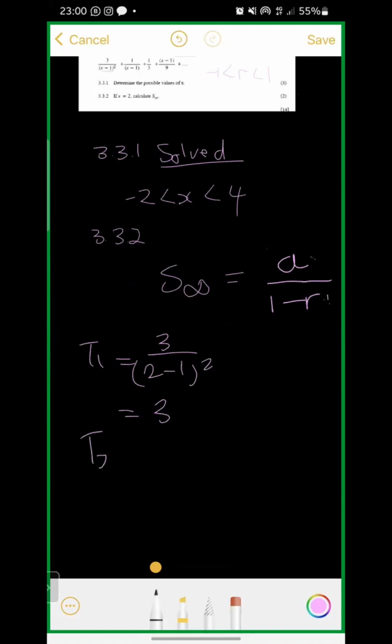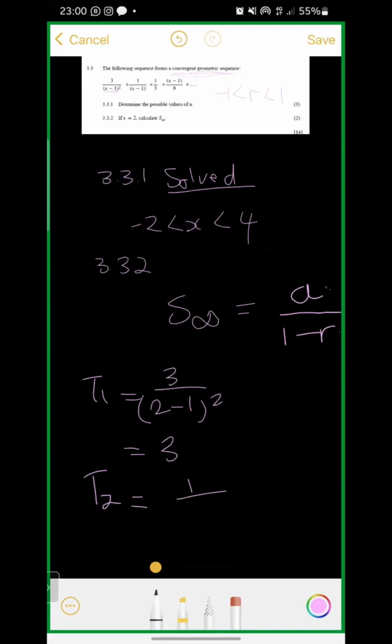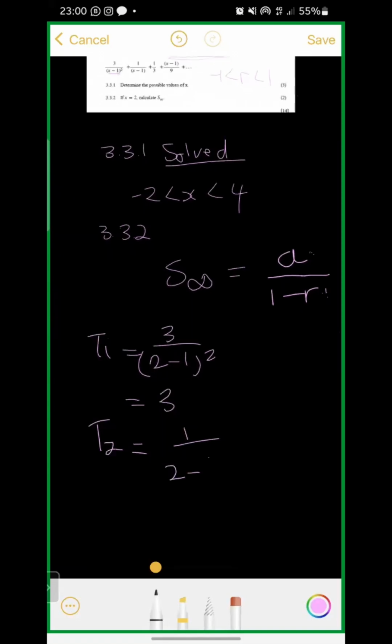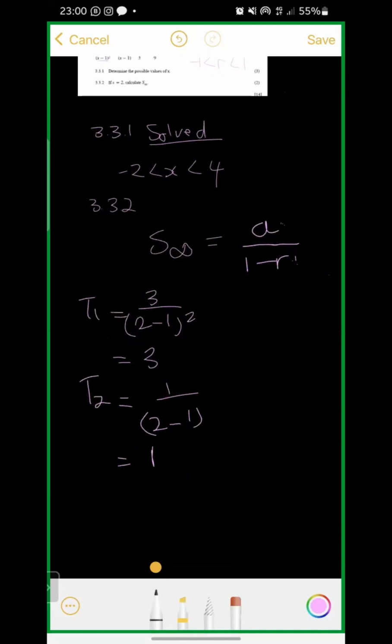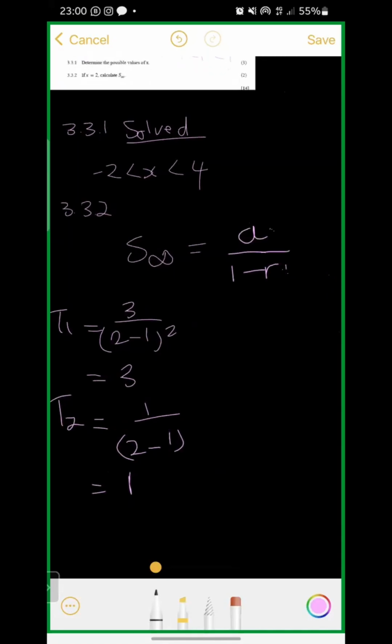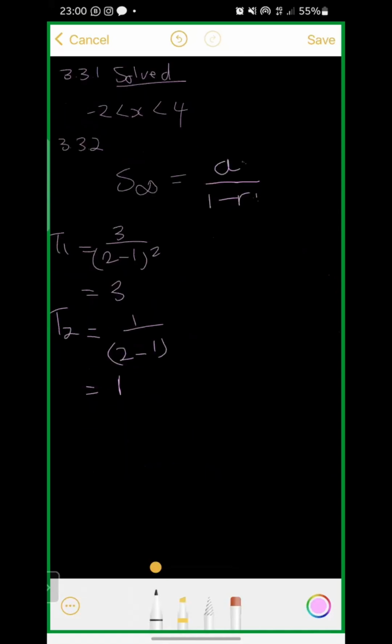Now T2 is equal to 1. So here we have term 1 and term 2, and we can definitely find our r.